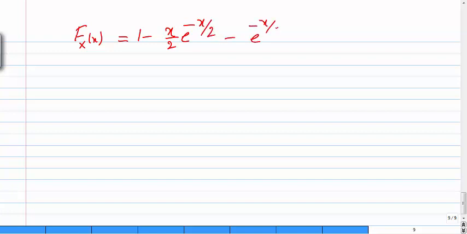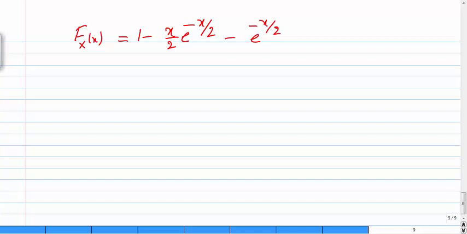Now if we do a little mathematical manipulation, F_X(x) is equal to 1 minus x by 2 exponential minus x by 2, and minus exponential minus x by 2. So this is the answer.